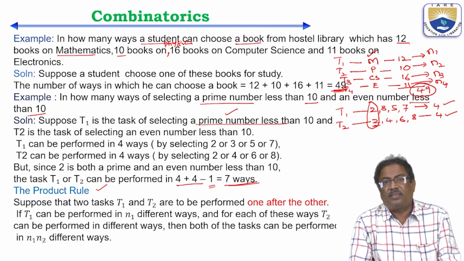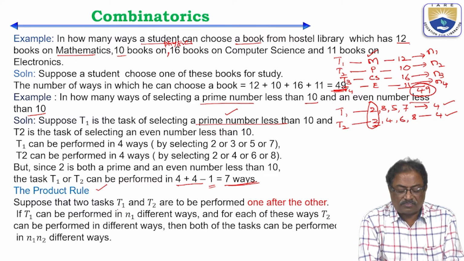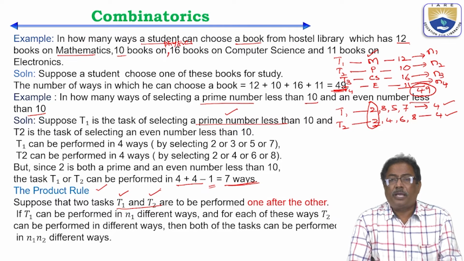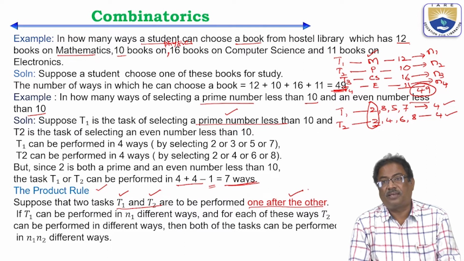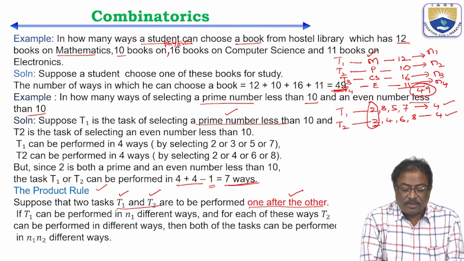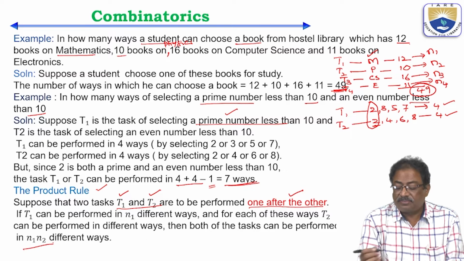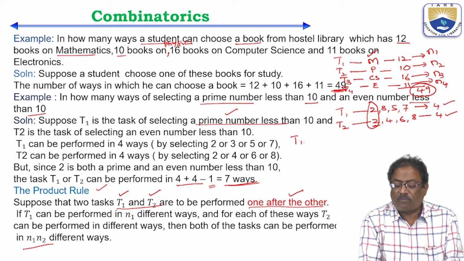The product rule is: suppose there are 2 tasks, T1 and T2. We can perform T1 as well as T2 one after the other. In how many ways? T1 is performed in N1 ways, T2 is performed in N2 ways.